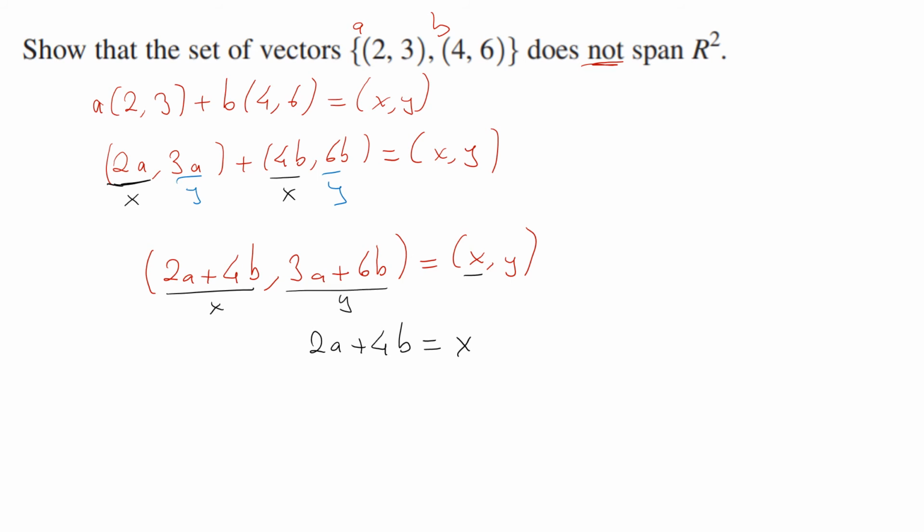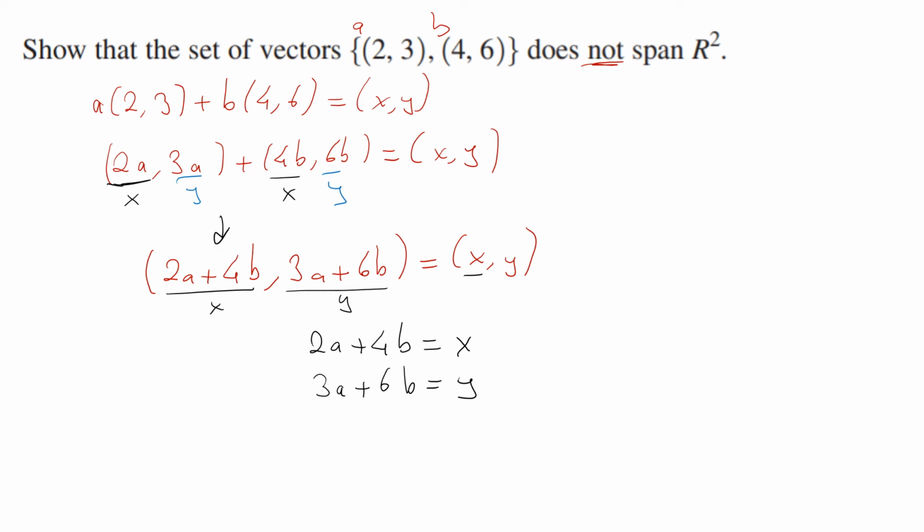Now from here I have y, so I'm just going to say 3a plus 6b equaling y. The thing to realize is that this has a common number which I can take out, which is 2. I can divide this by 2.